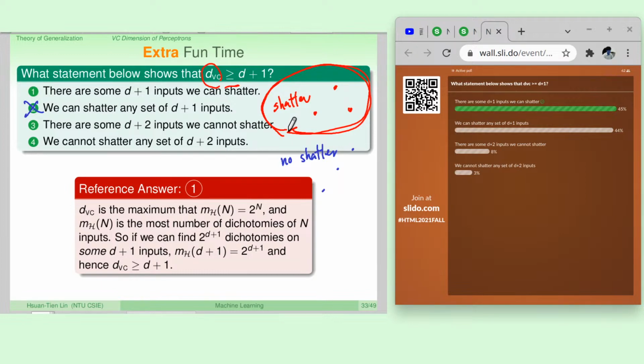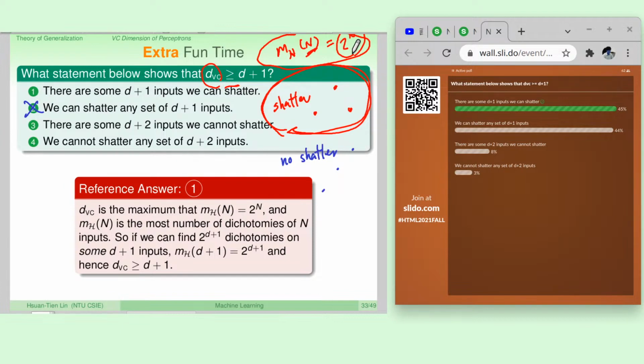The maximum number of dichotomies, m_H of N, is the maximum that can be produced on any big N points. So any 3 points, any arrangement, maximum number of dichotomies. And VC dimension says the maximum number of dichotomies must be equal to 2 to the N. On the part where the VC dimension is satisfied, it's not a breakpoint zone yet. We need to find shattering. We need to find 2 to the N.